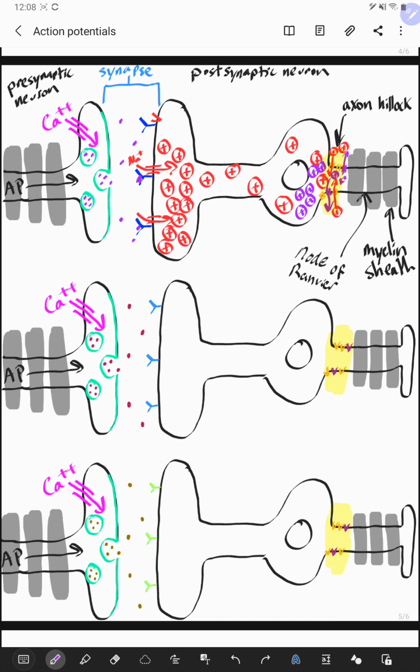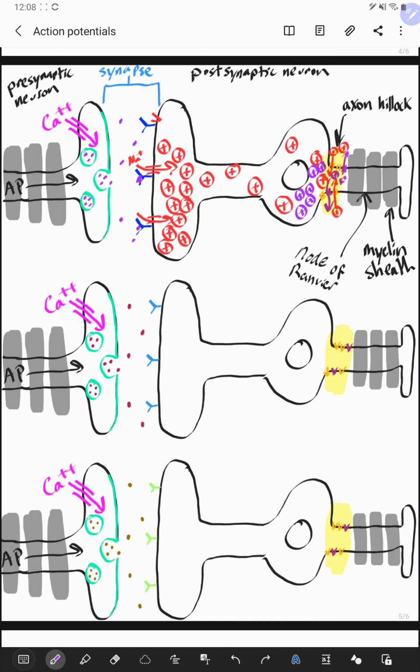It got to the end of the neuron, and when it gets to the end of the neuron, calcium floods into the cell because there are calcium channels, probably voltage gated, that open. Calcium is high on the outside of the cell and it wants to spread out, so it goes into the cell.